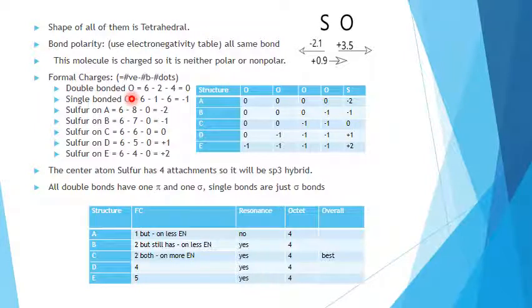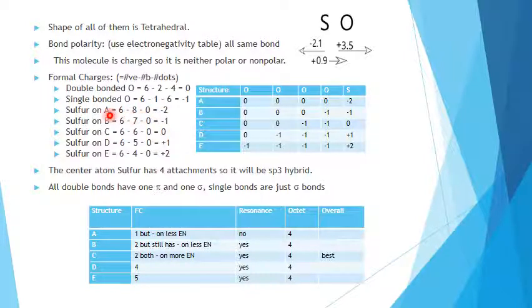The 4 comes from the 2 pairs. If you have a single-bonded oxygen with 3 lone pairs on it, 6 is the number of valence electrons, it has one bond, minus 6 for the 3 lone pairs times 2, so the formal charge is minus 1.